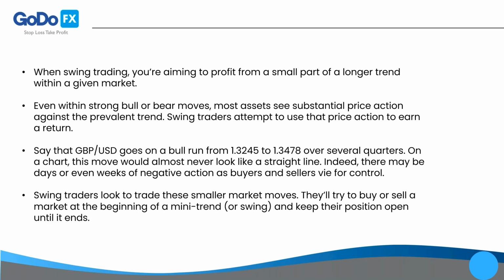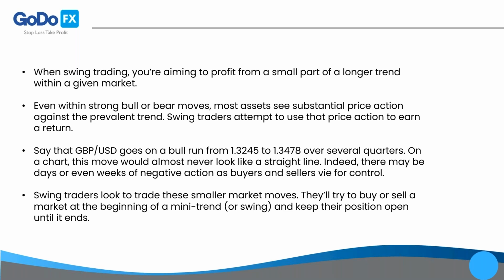For example, let's say that British pound USD goes on a bull run from 1.3245 to 1.3478 over several quarters. 1.3478 minus 1.3245, it's like 2 point something points.